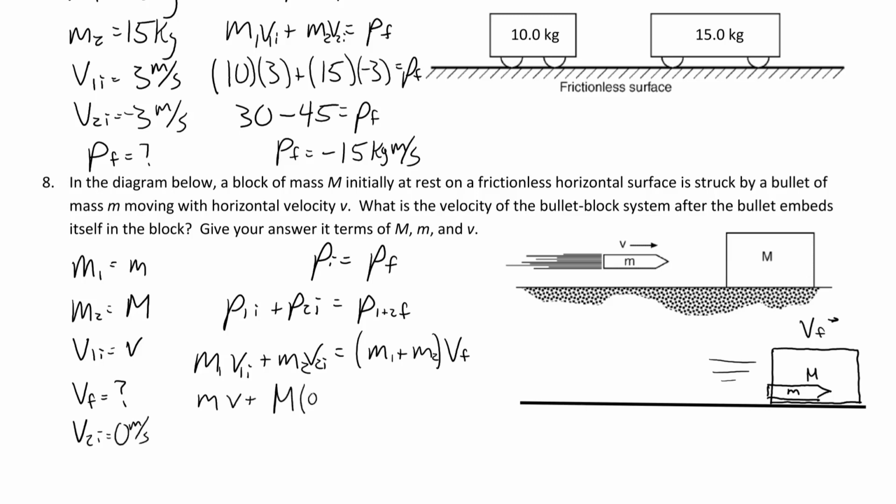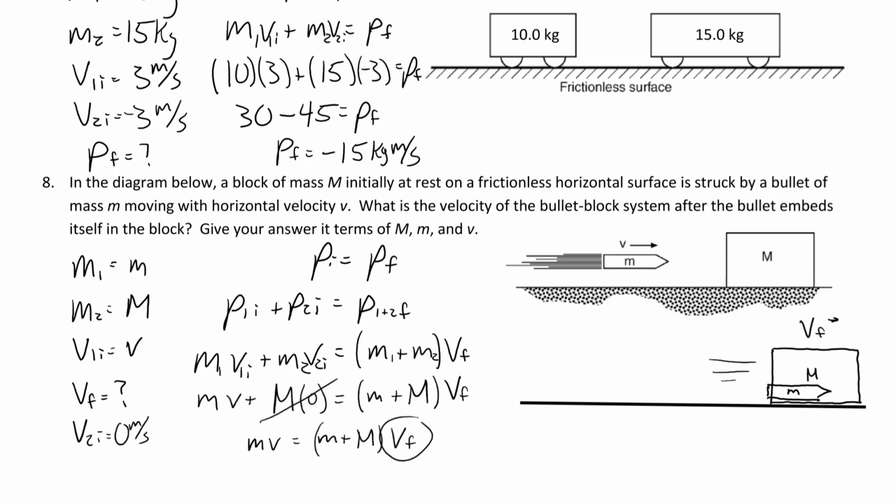So this is times 0. And this is equal to lowercase m plus capital M times Vf. Now, we do have a number in there, it's 0, so we can use that. That cancels out. We're left with mv is equal to m plus capital M times Vf.